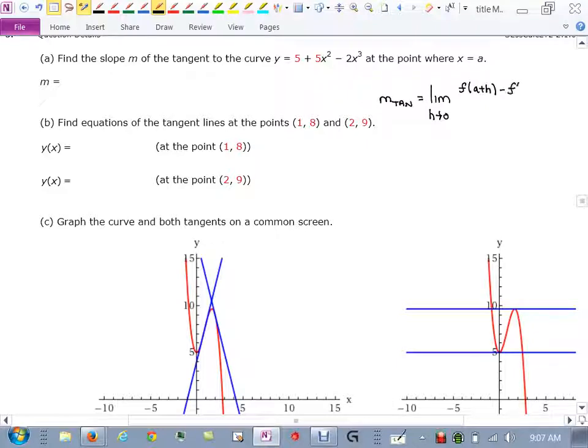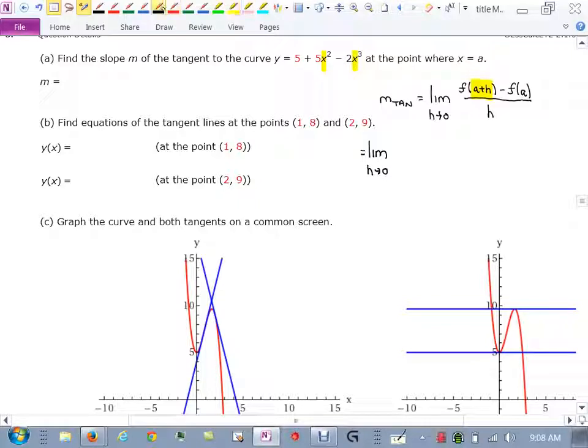what this limit is. Now, I'm just going to say equals limit as h approaches 0. So I need to know what f of a plus h is. What would happen if I take a plus h and plug it in for that x and that x right there?